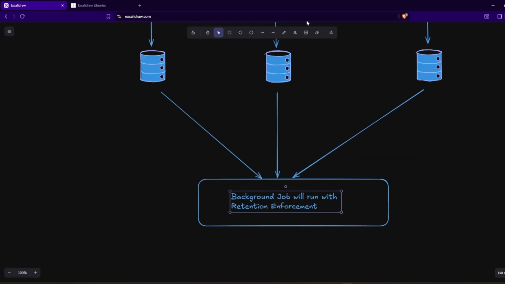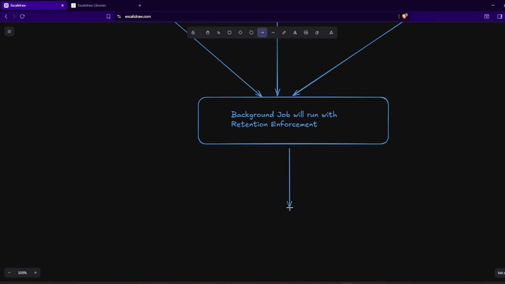So what this job does is it uses an interesting technique that is called downsampling, and through this downsampling it defines some roll up windows.